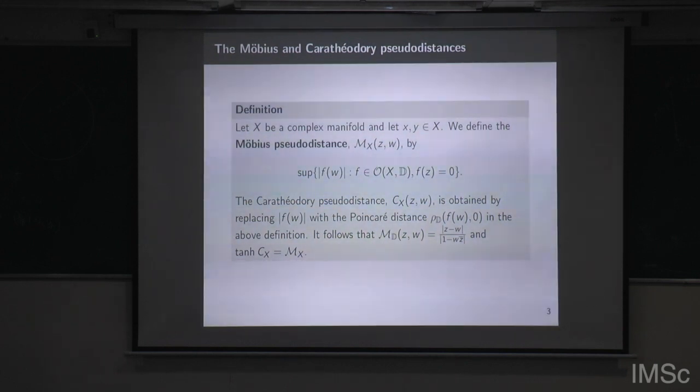So because of that, it's easy to show that the Carathéodory pseudodistance for a pair of points can never be infinity. Because the unit disk is bounded, essentially the same thing will work for the upper half plane also. That is also complete when you put the equivalent of the Poincaré distance, but it's just more convenient to work with the unit disk. That's all.